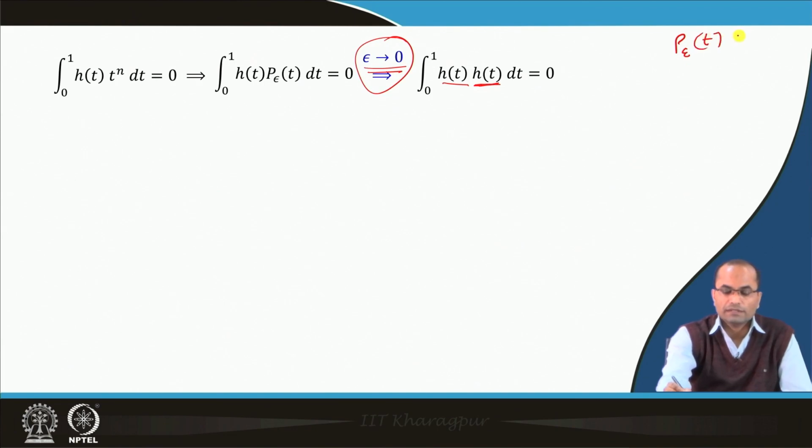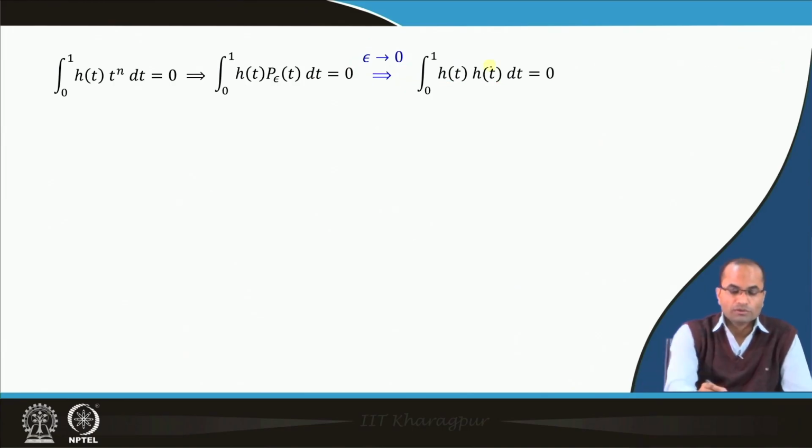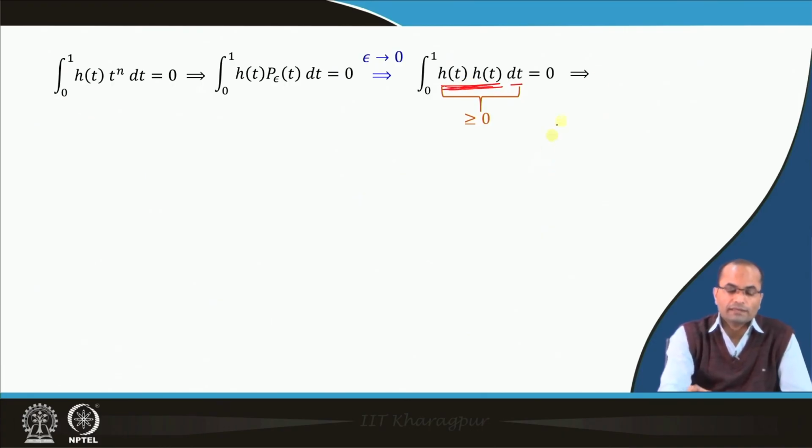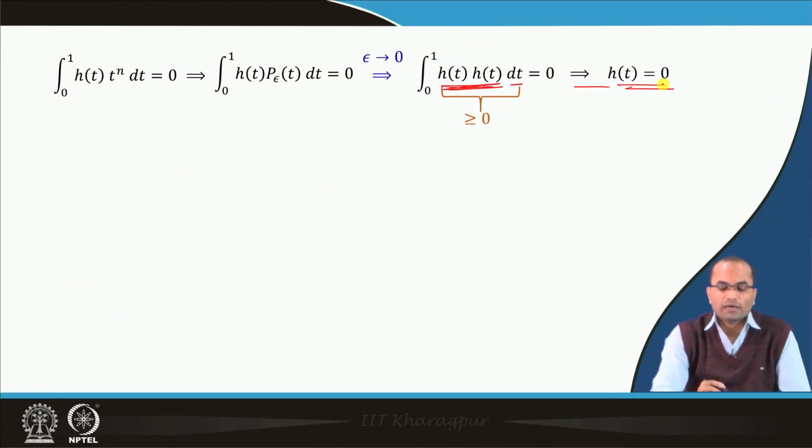We have seen that this polynomial, when epsilon goes to 0, goes to this continuous function. So, we have h t square dt, which means we have a positive h t square in the integrand, and that implies that h t has to be identically 0 to have this integral equal to 0.